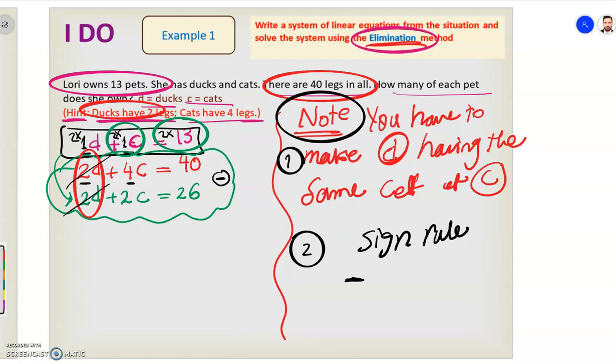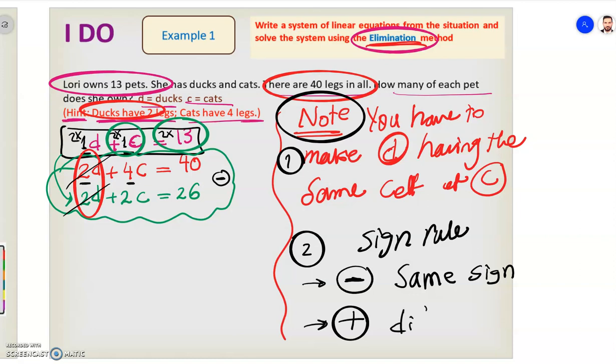We are going to use subtraction for the same sign. If the two numbers have the same sign, we use subtraction. If the two numbers have different signs, we have to use addition. Here this is positive 2 and this is positive 2, so I have to do subtraction.